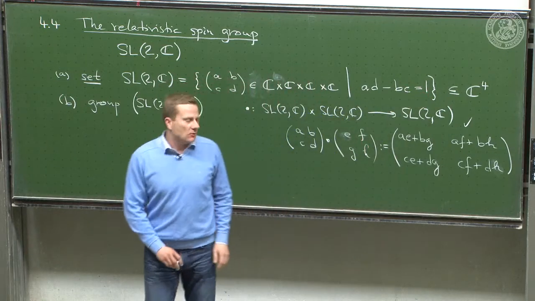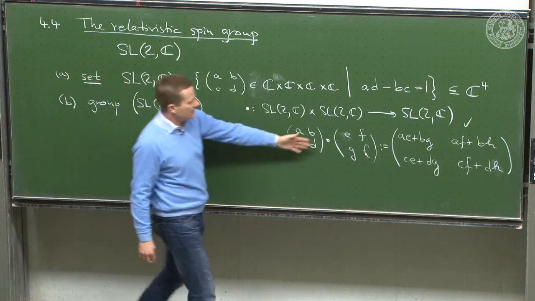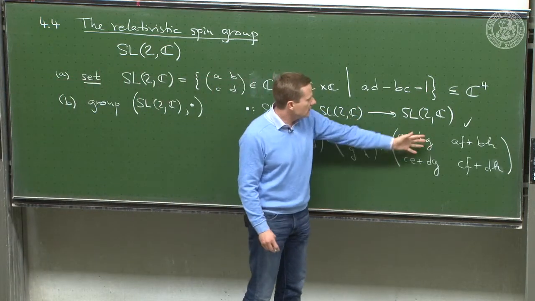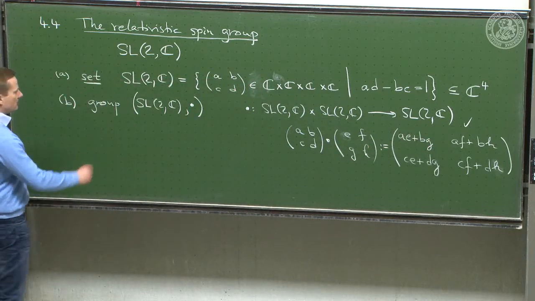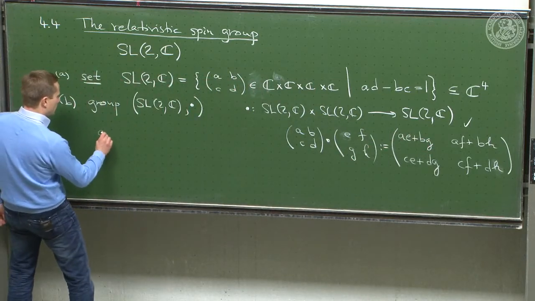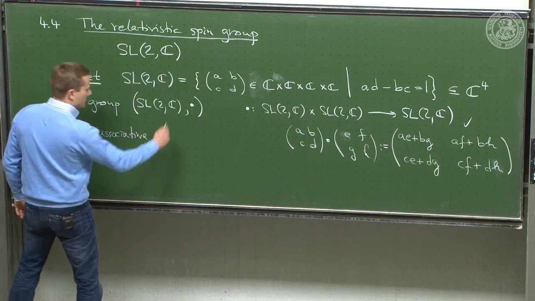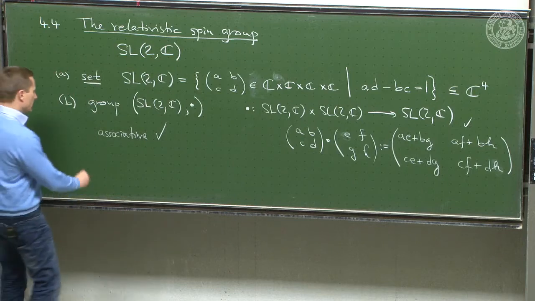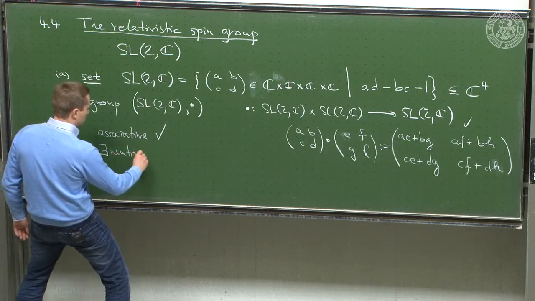Okay? So obviously, we have here a set, and we defined a very funny operation, but it provides such a map. And then you check that the whole thing is associative. This is now really boring. You believe me, it is. You'll check that there exists a neutral element.